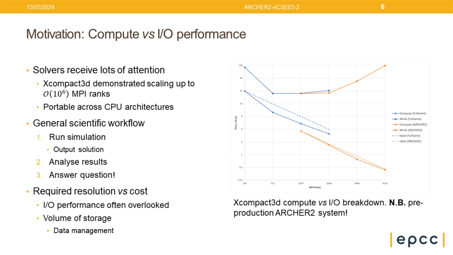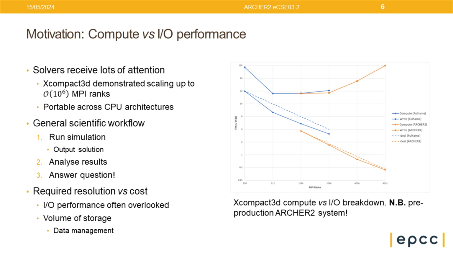Now, as I've just shown, Xcompact3D is a very scalable solver. So if we want to solve a question more quickly, we just use more computing power. Over on the right here, what I've shown is some data which is taken from, again, Fulham and ARCHER2, although it must be noted that the ARCHER2 data was actually on the pre-production system, so should be treated with a grain of salt.